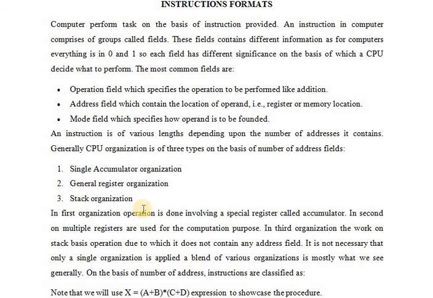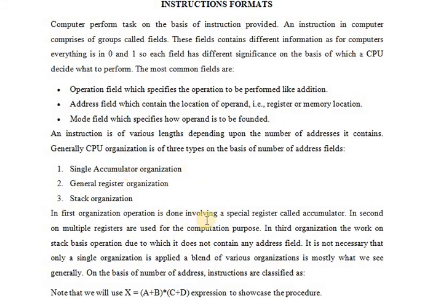In the first organization, operation is done involving a special register called the accumulator. So if you are performing any operation, for example addition, subtraction or multiplication, it is done in the special register called the accumulator. This is the single accumulator organization.